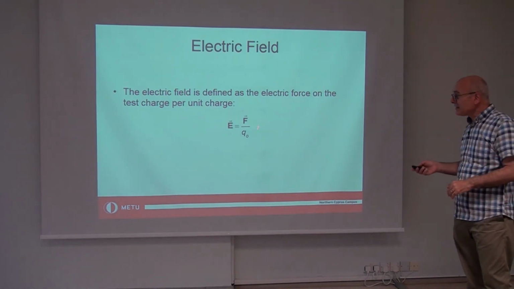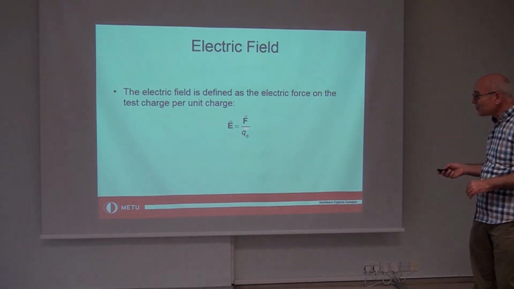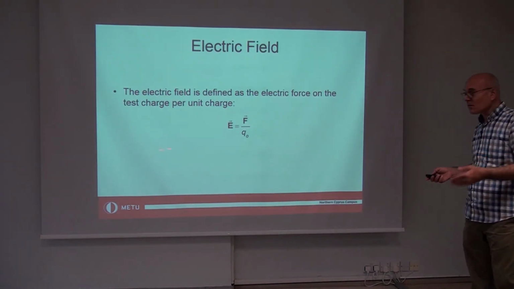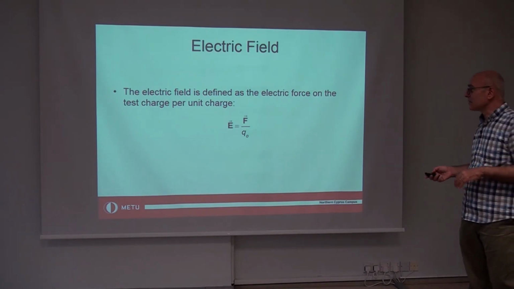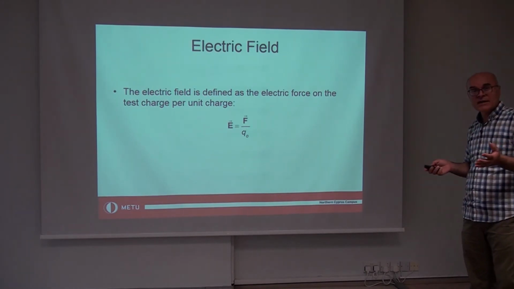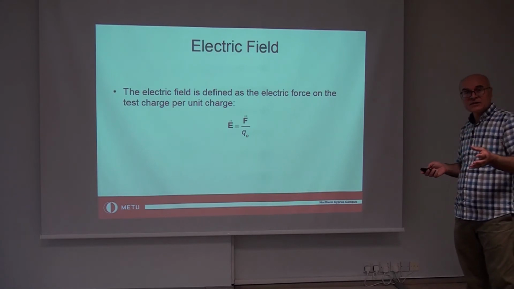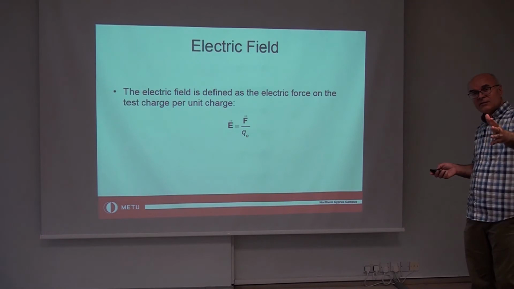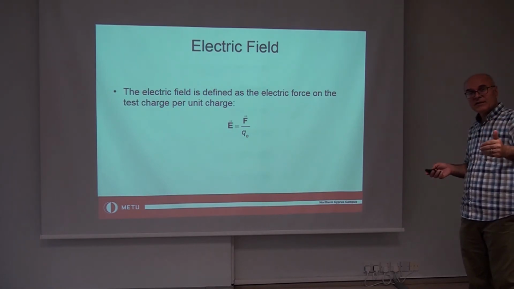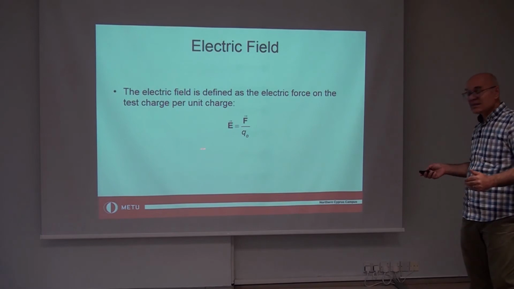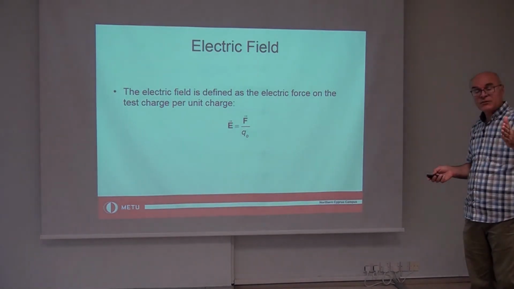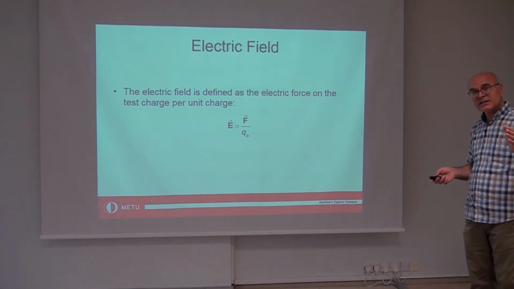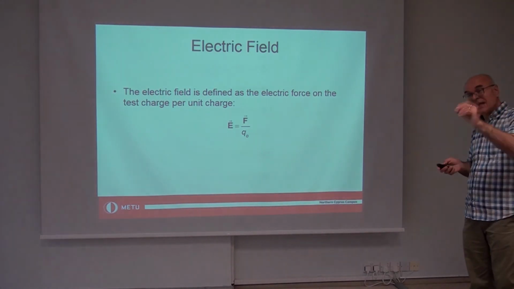Note that this is a vector equation, and Q naught that appears here appears with its sign. Okay, so this is important. So this is generally how you define the electric field at a given region. You just put a test charge there, find the force acting on that test charge, and divide it by the test charge with its sign. The result is a vector whose magnitude and direction give you the magnitude and direction of the electric field at that particular point.